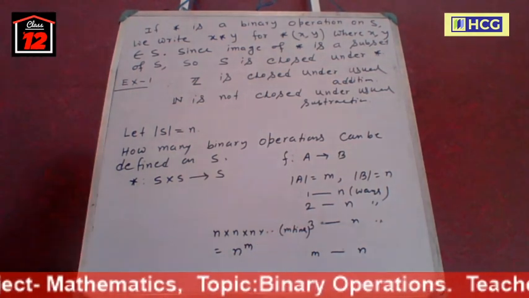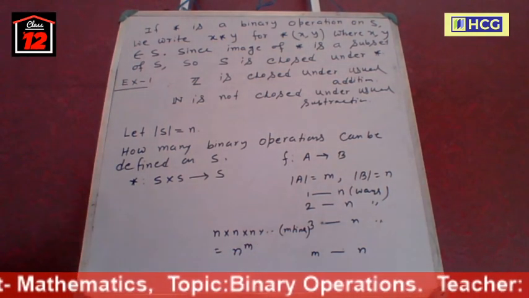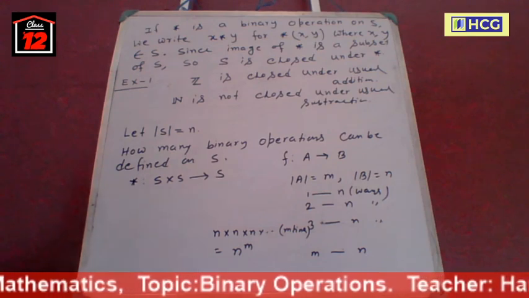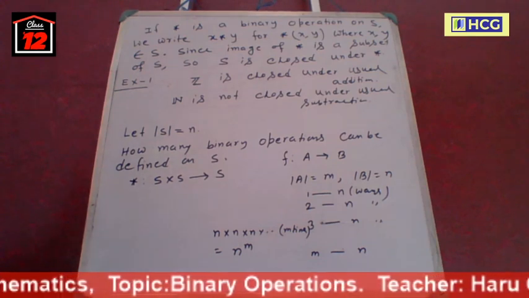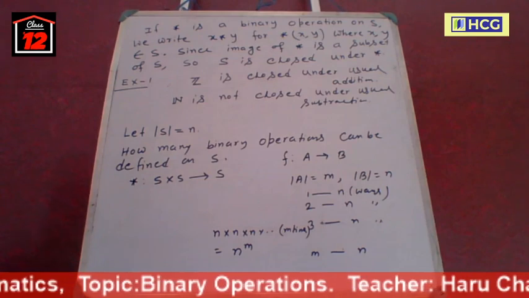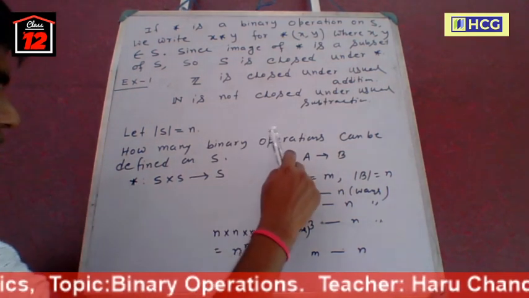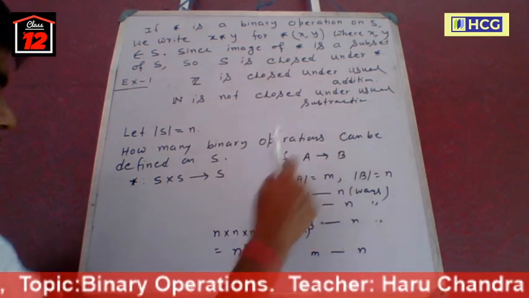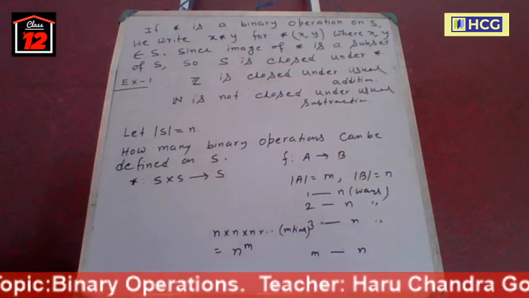Very interesting result: from set A to set B, the total number of mappings defined is n to the power m.